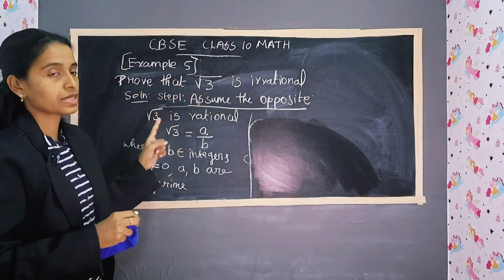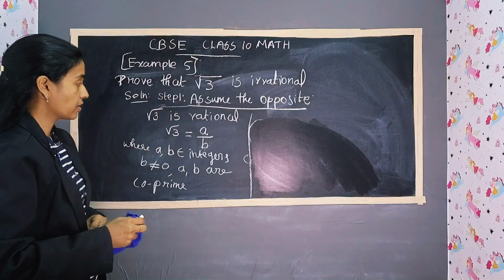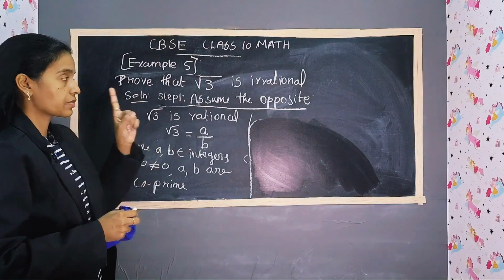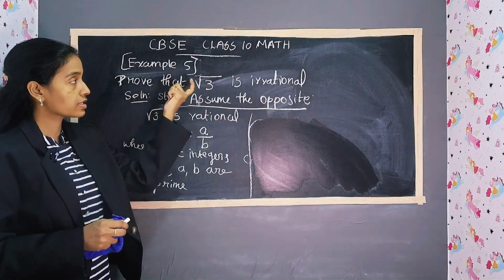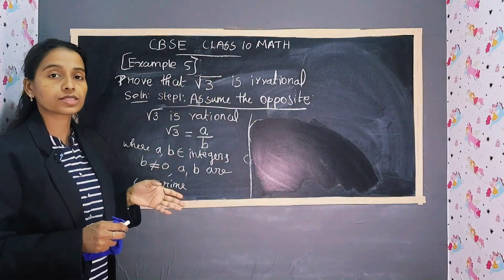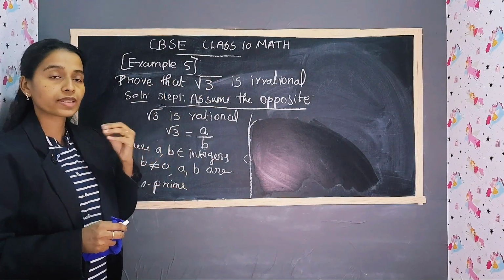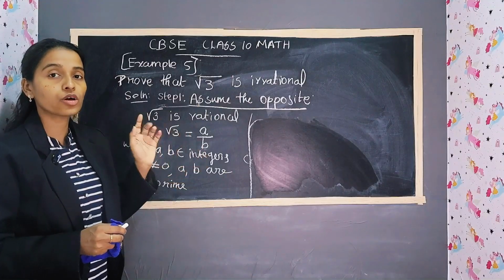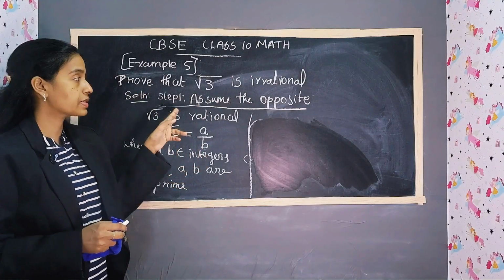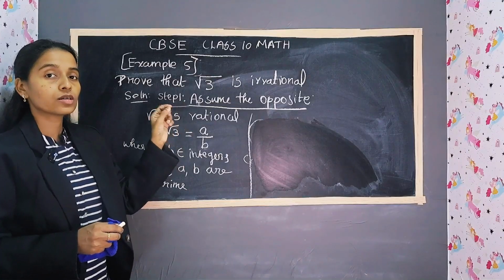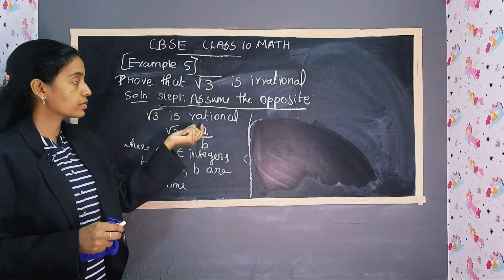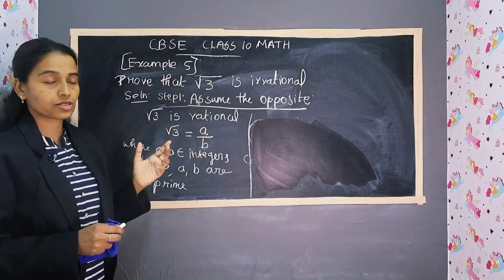This is step number 1. Step number 1 is assume the opposite. For every problem of this kind, you have to follow these steps, right? If you want to prove any number is irrational, you have to apply the first step as assume the opposite. Opposite means we have to write the given number as a rational.